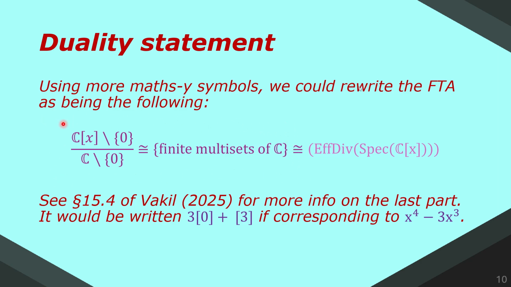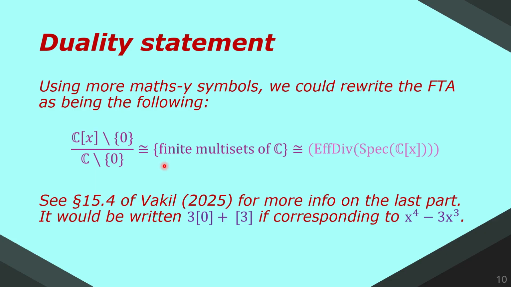and using our looking forward skills, which is again Vakil, we can see that our complex valued polynomials, where we're talking about them all scaled down, so think monic if you really want, so the leading term is a 1, correspond exactly to lists of complex numbers, but these also correspond exactly to the effective divisors, and yeah, that's how you pronounce it.